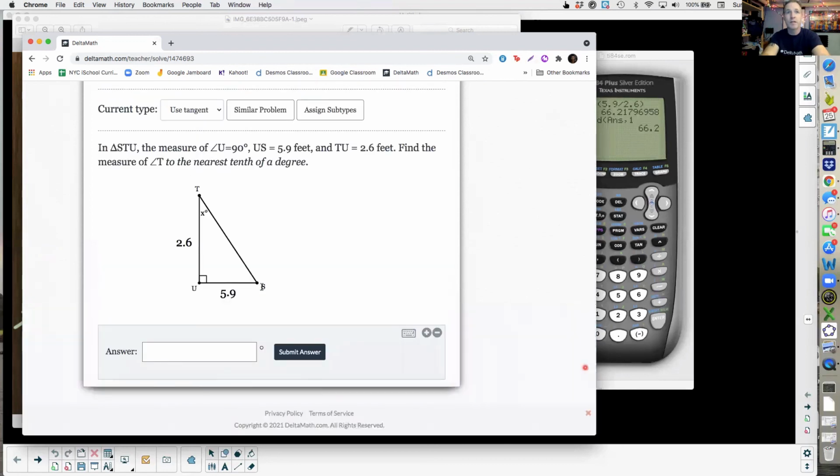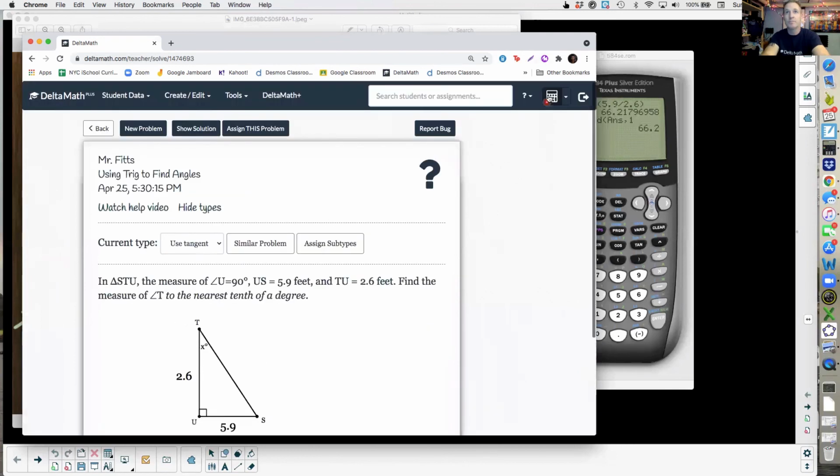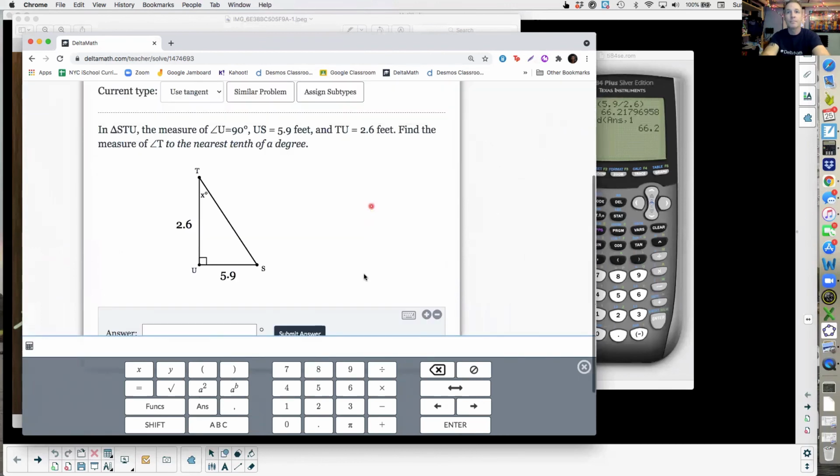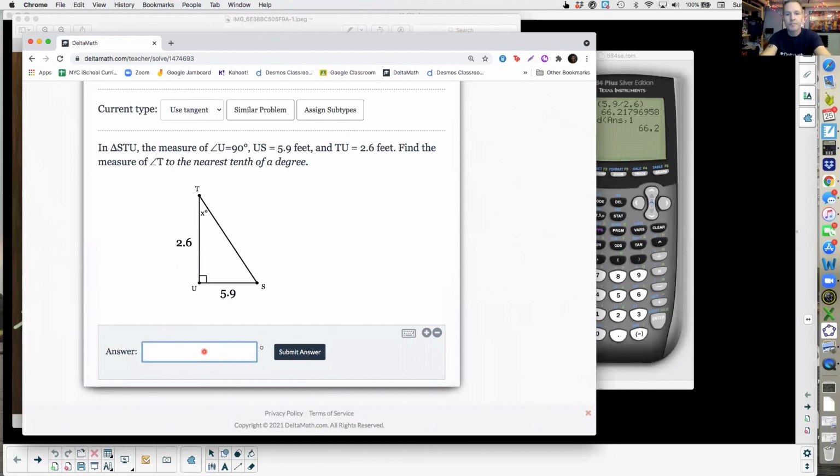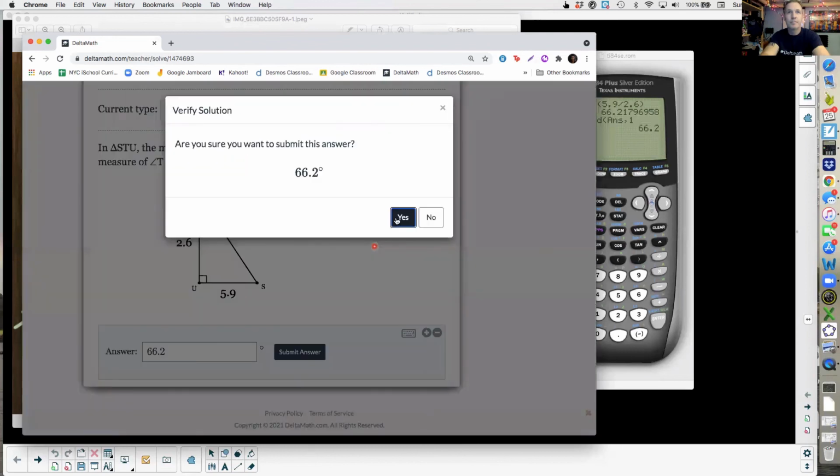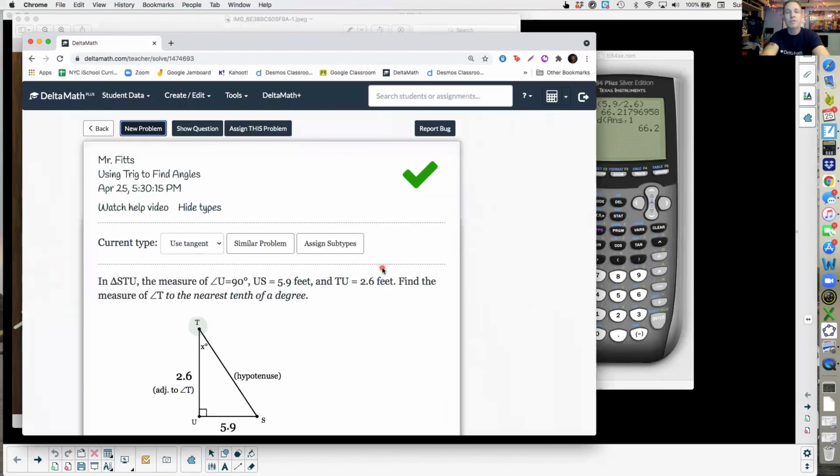Let me go ahead and plug that in. Here, I'll bring the calculator back up so you can see it. Oh, it's gone. 66.2. Submit my answer. Yay, I got it right. So again, I'll plug that back into the calculator, see how I did it.